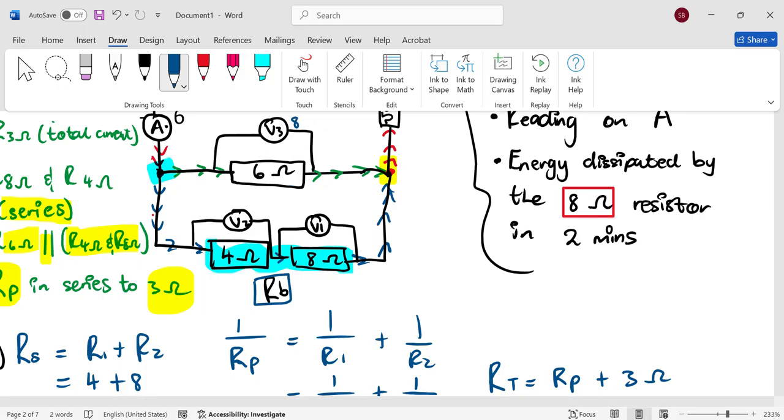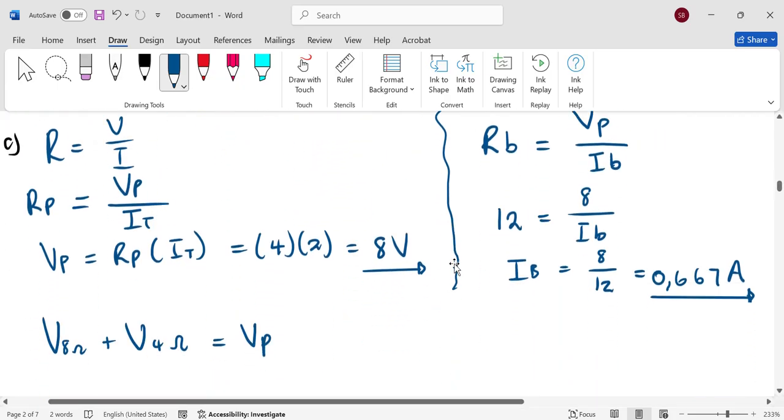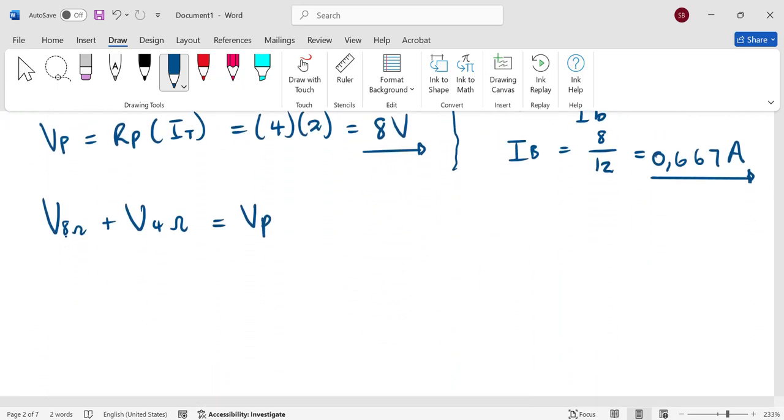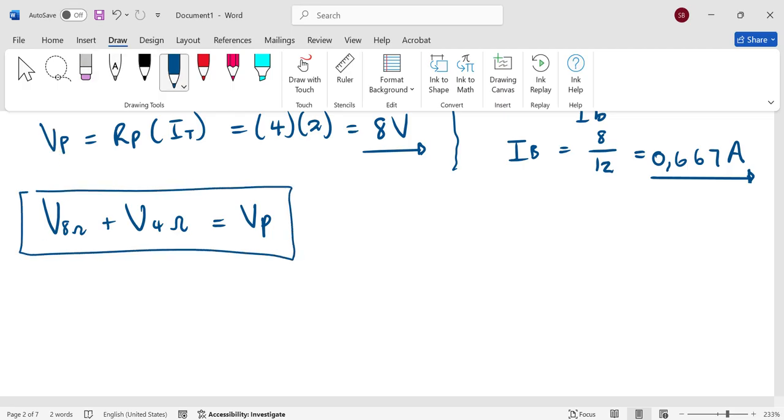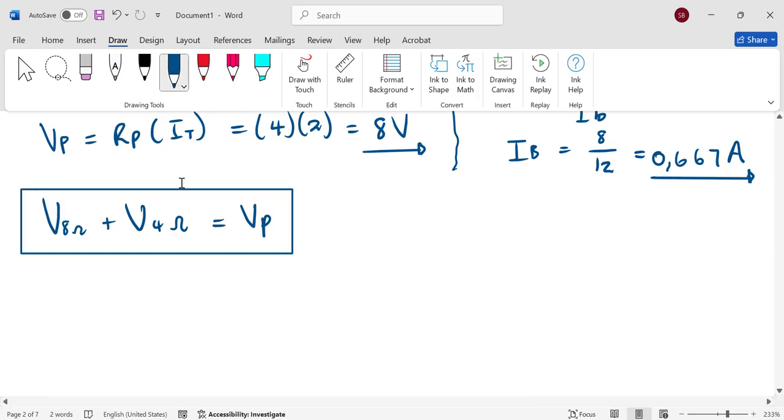V3 would be 8 volts, and that 8 volts would be equal to V2 plus V1, the voltage across the 8 ohm as well as the voltage across the 4 ohm. Do I have the voltage across the 8 ohm? No, but I'm going to keep this equation in mind. I'll box it because I might come back to it. Okay, so that's what we know.